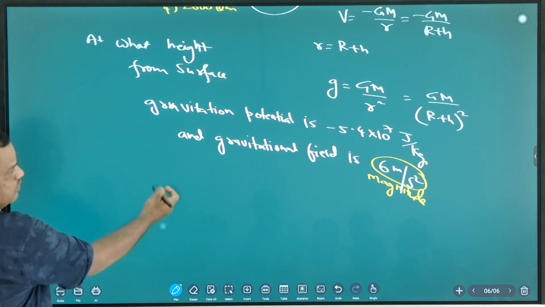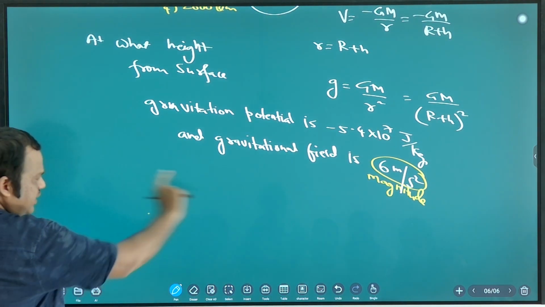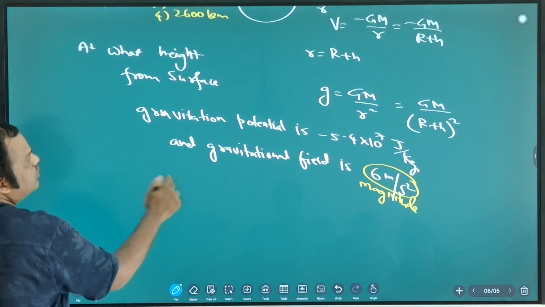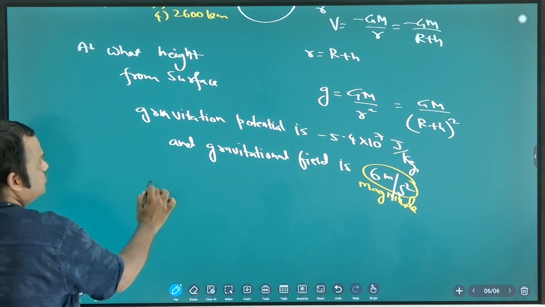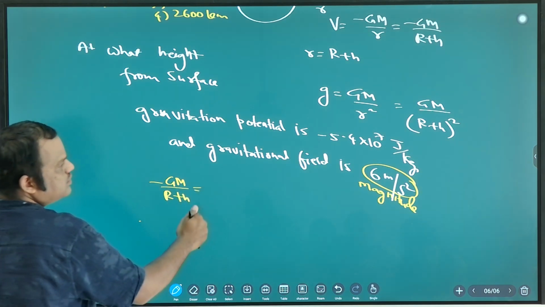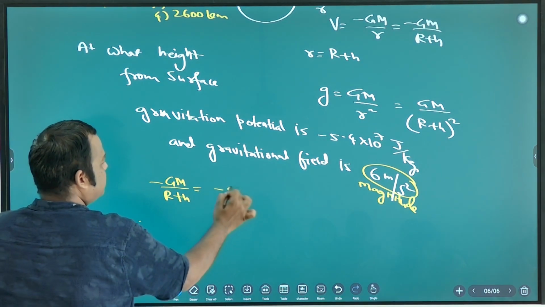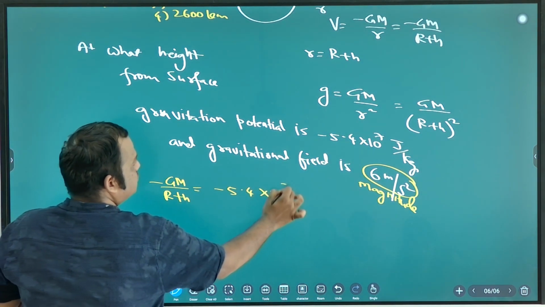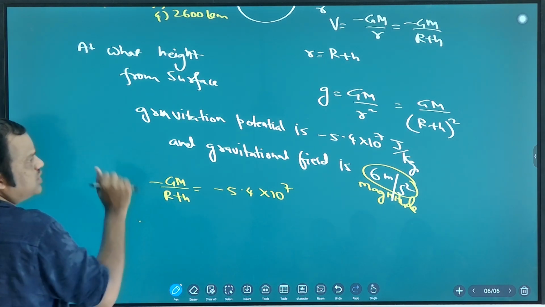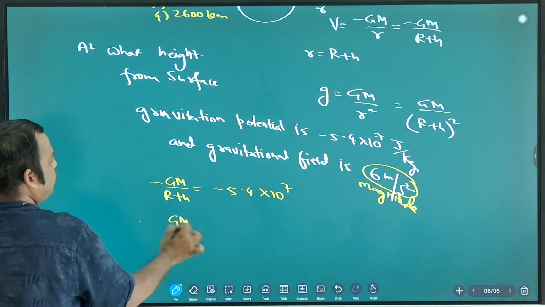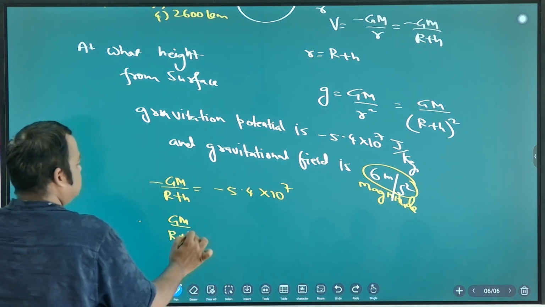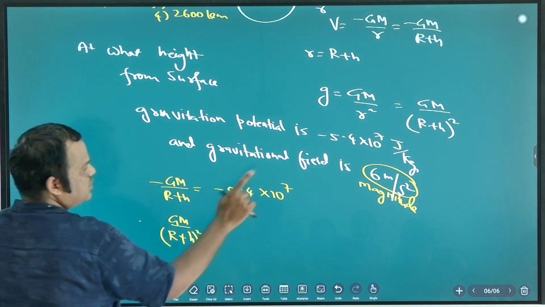You write this formula, and when you write, immediately you will understand. What is the formula for V? Minus GM by (R plus H). This is given as minus 5.4 into 10 raised to 7. What is the formula for magnitude of small g? GM by (R plus H) whole square. This is given as 6.